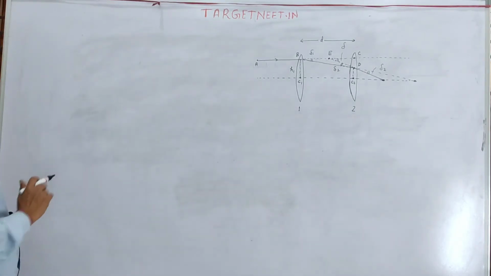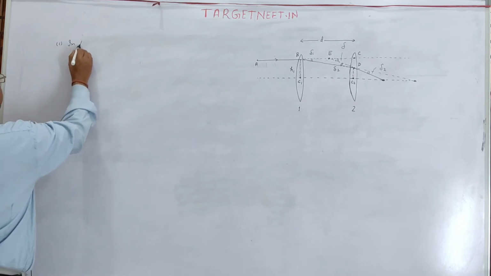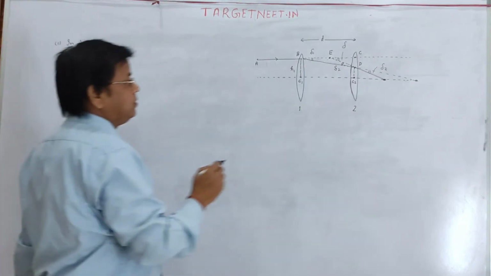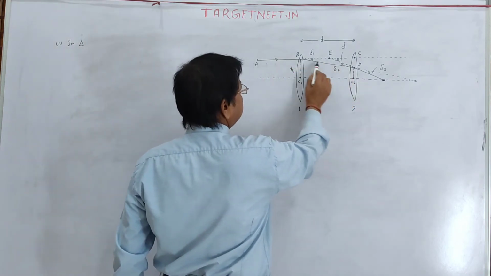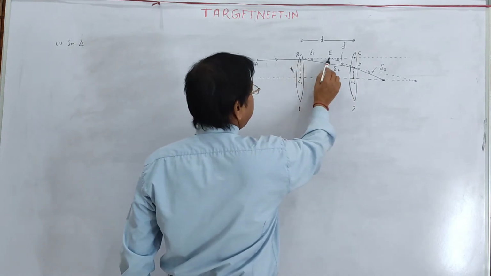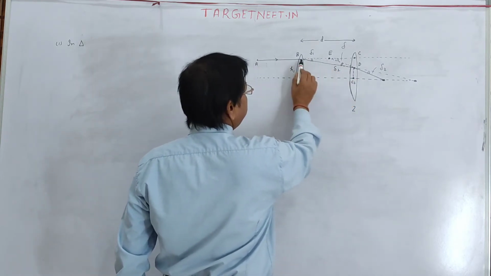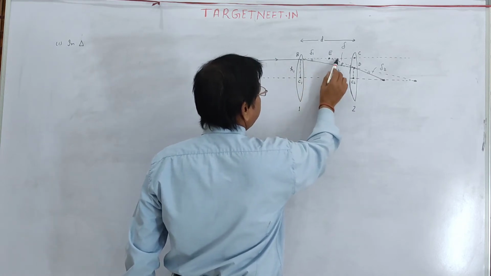So what can we write? First, in triangle BED, this is a triangle BED, and angle DBE is the interior opposite angle of this.